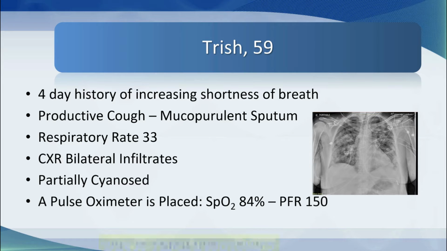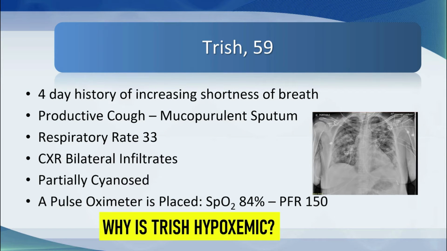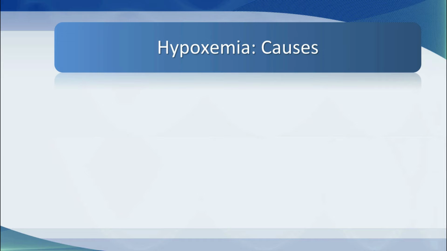Why is Trish hypoxemic? Well, if you're going to look at hypoxemia, you really need to look at all the different components. And you can start off with the partial pressure of inspired oxygen, which really depends on the atmospheric pressure. Right now I'm at sea level, so the pressure is 760 millimeters of mercury, or 1 atmosphere, or 101 kilopascals.